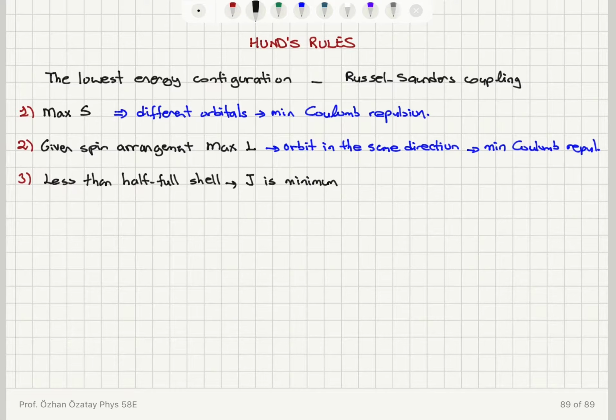The minimum possible value of J is capital L minus capital S. If it is more than half-full shell, then J is maximum. It is L plus S.